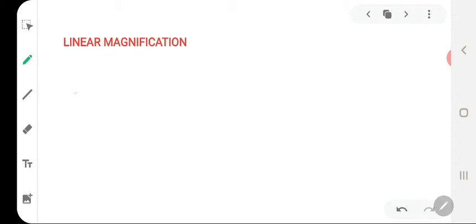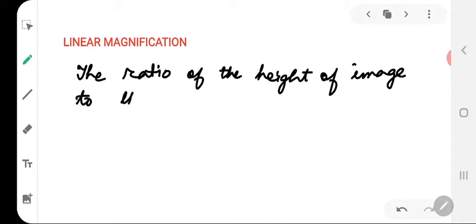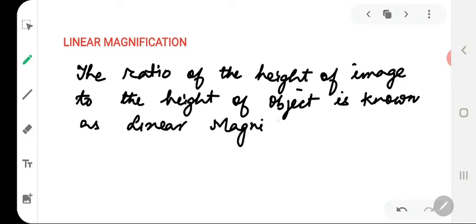So we can say that the ratio of the height of image to the height of object is known as linear magnification.